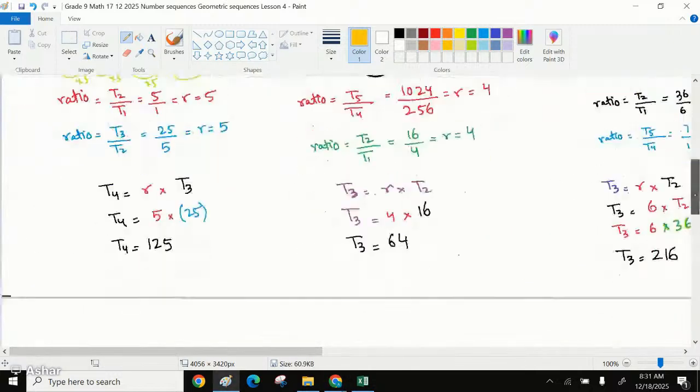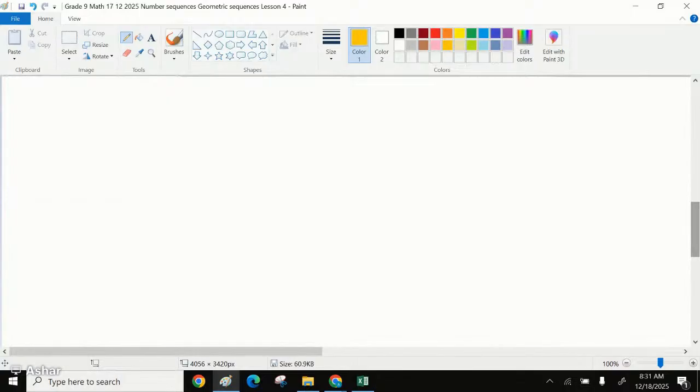Let's look at another example. Let's do question number 10. Let's see what they have for us. The question says, find the missing number in the sequence.